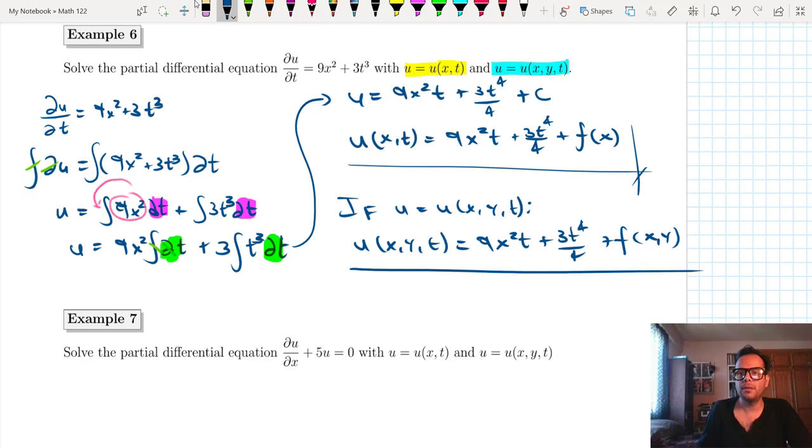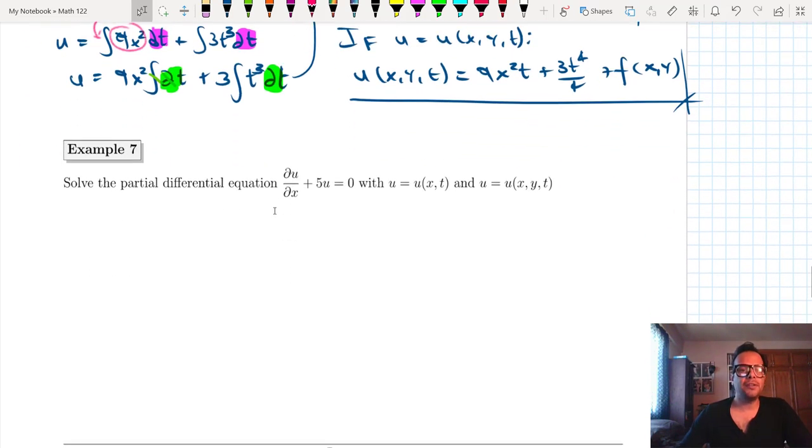Okay, so let's do another one. Partial of u with respect to x this time, not t. So notice now in this case the function that we are going to integrate will be integrated with respect to x, and we are going to hold t constant. Okay, so let's see how this is going to work.